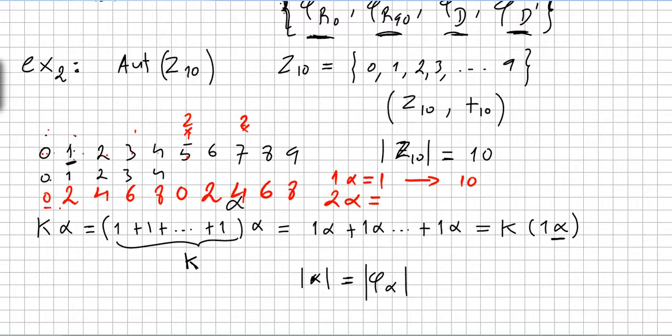Okay, so check the order. 1, 2, 3, 4, 5. The order of 2 alpha is 5, so it's not 10. So 2 cannot be an automorphism. But 1 can.